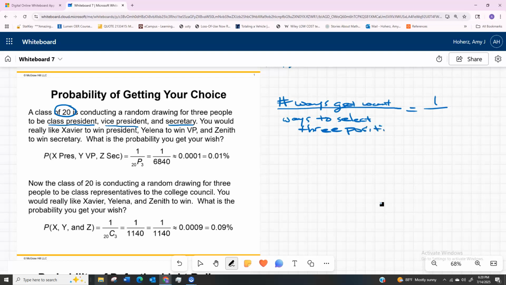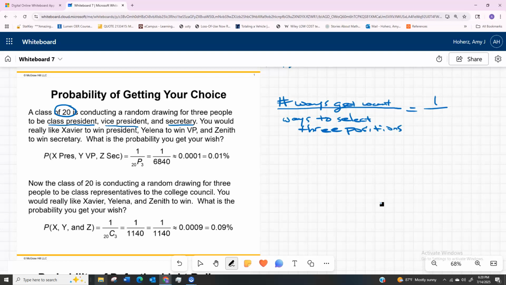Well, we did that before, and we said because the order matters, because there's actual placements for them, it's not just 3 people that are going to go represent, they actually have jobs: a specific person for president, a specific person for vice president, a specific person for secretary. If we have those 3 people but they're in different spots, that's a different selection.